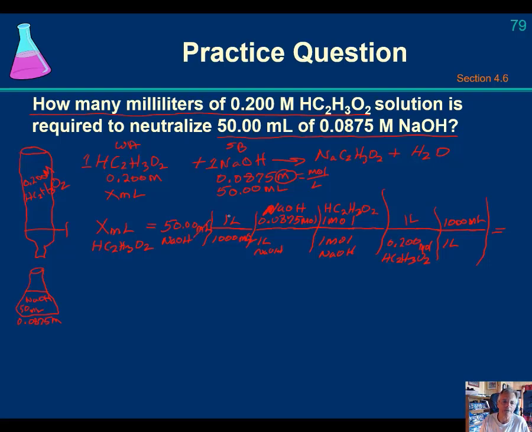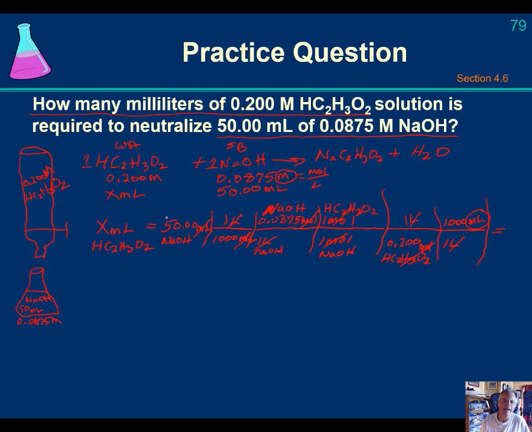I have milliliters of sodium hydroxide over milliliters of sodium hydroxide, liters of sodium hydroxide over liters of sodium hydroxide, moles of sodium hydroxide over moles of sodium hydroxide, moles of acetic acid over moles of acetic acid cancel, and liters of acetic acid over liters of acetic acid.